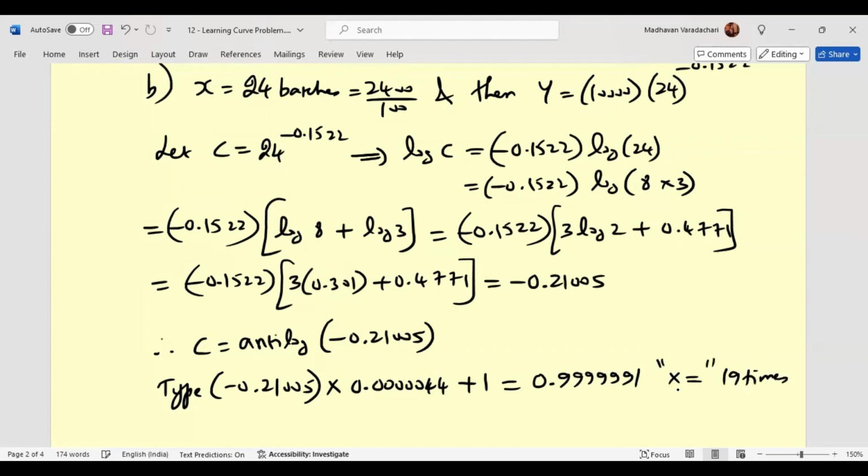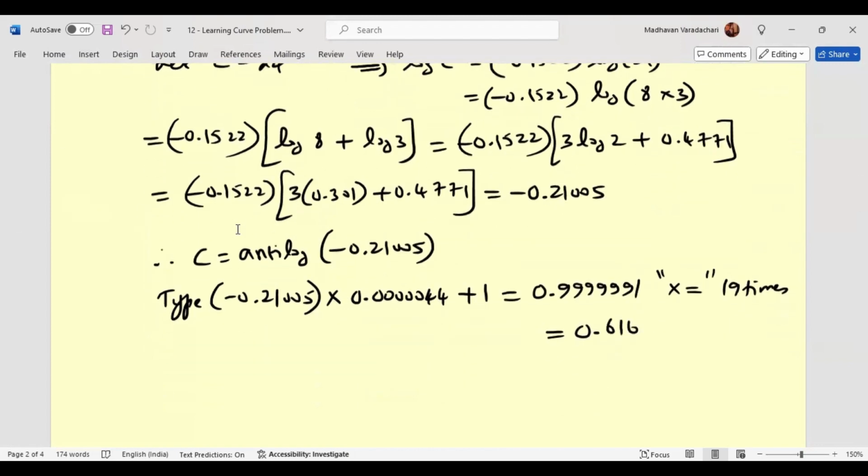When we do that, we will get the result as 0.616. Therefore, y will be 10,000 multiplied by 0.616. We will get rupees 6160 per batch.